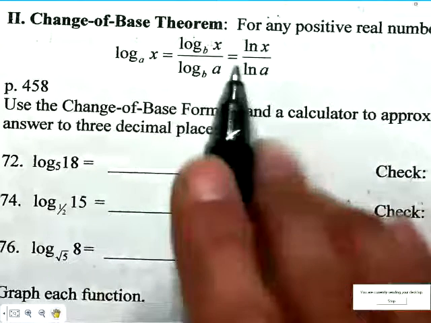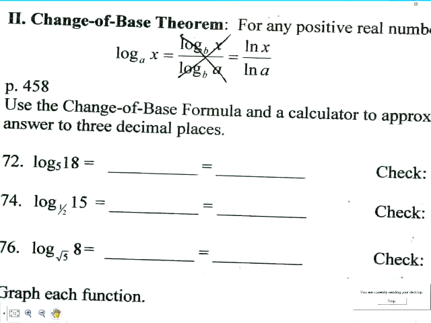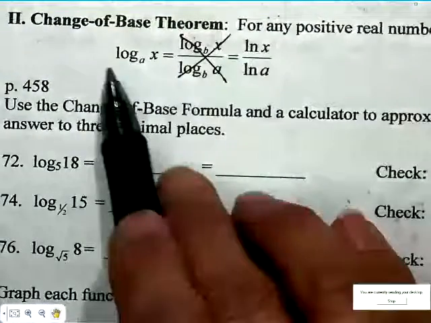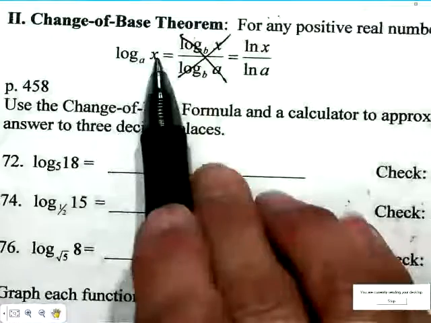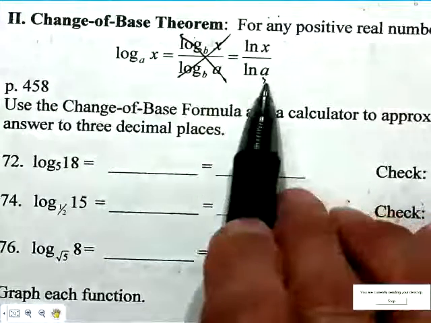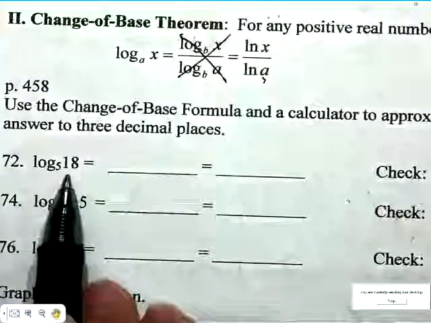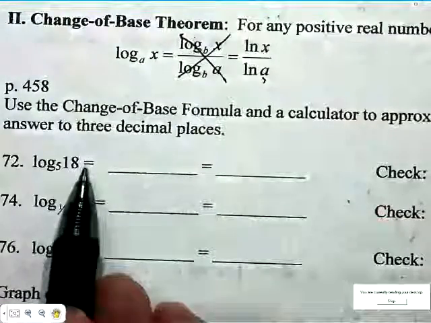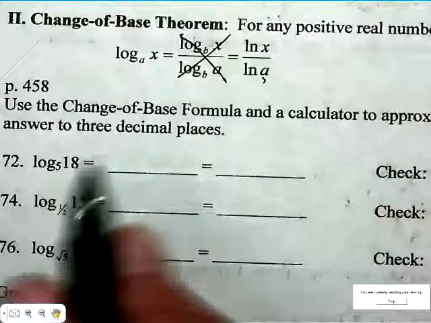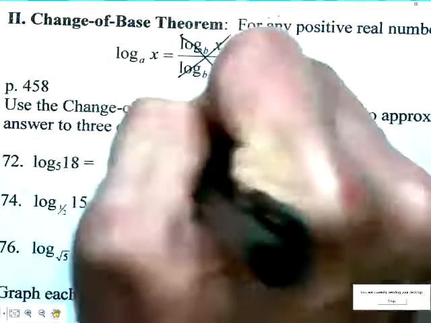In other words, I don't usually use that. I use this. Log base a of x is the natural log of x divided by the natural log of a. In other words, this log base 5 of 18 that I can't do in my head, I can punch on the calculator as natural log of 18 divided by natural log of 5.